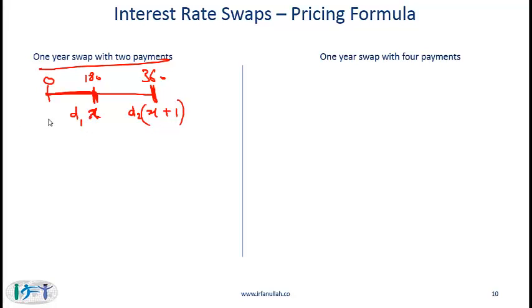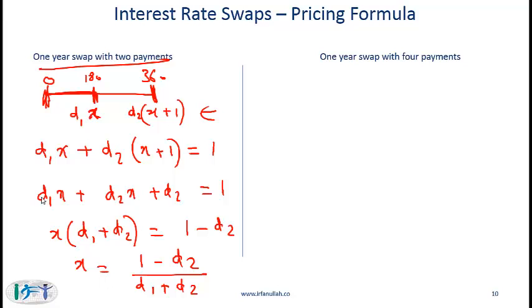So if this represents your fixed rate payments, then we can say the following, that the present value of these payments is D1x plus D2, the second discount factor, into x plus 1. This must be equal to the present value of the floating rate bond. And we've established that at time 0, the present value of the floating rate bond with a $1 principal is equal to 1. Right? So can we solve for x?